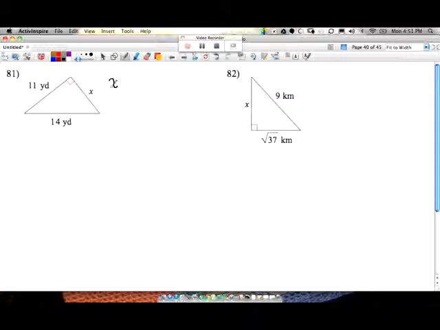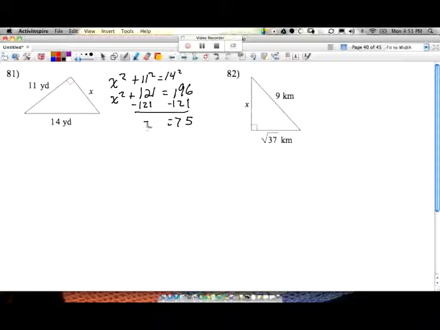Same idea. We got 14, 11, and x. Well, this one looks like x squared plus 11 squared equals 14 squared, because remember the hypotenuse is the third piece over here. 11 squared is 121. 14 squared is 196. And we got this x squared. So we got to subtract 121 from both sides.